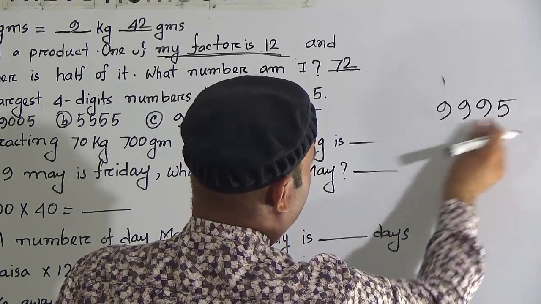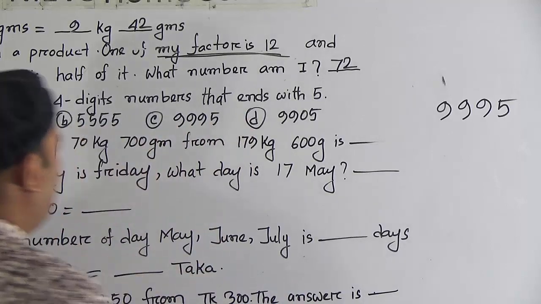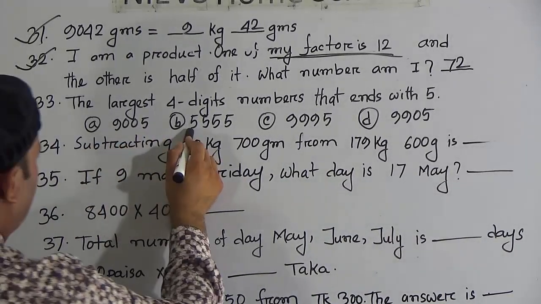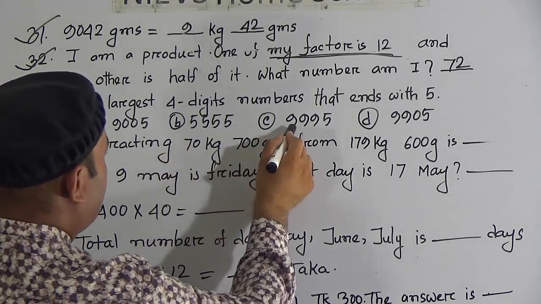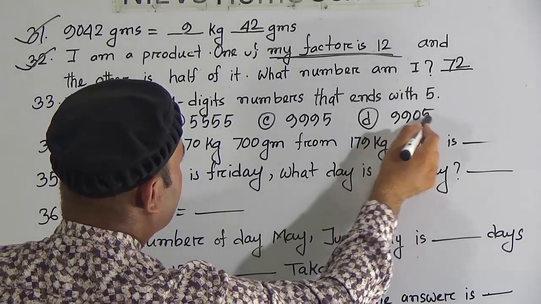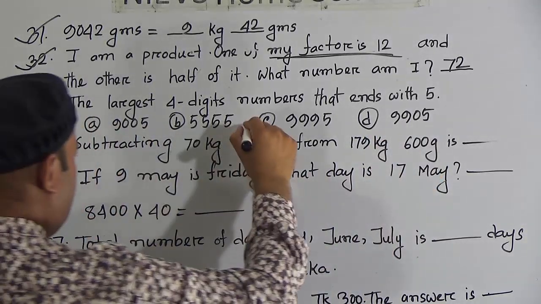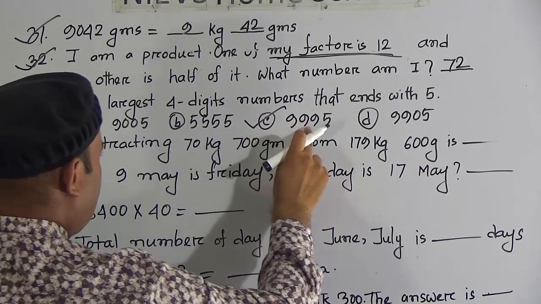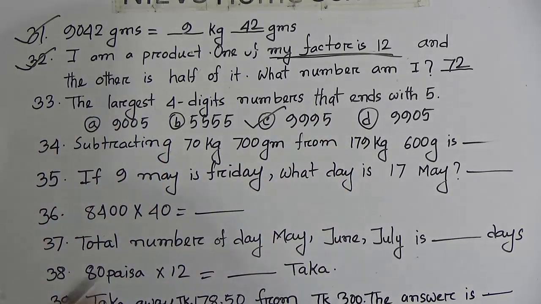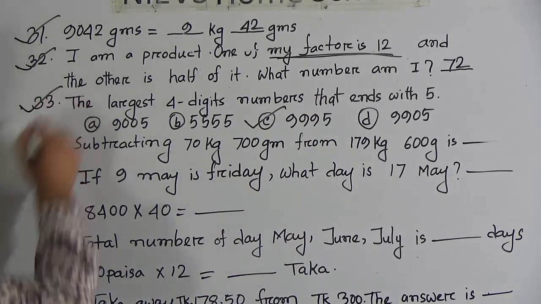Here the options are 9005, 5555, 9995, 9905. So the required answer is C, 9995, the largest 4-digit number that ends with 5. Hope you understood this one.